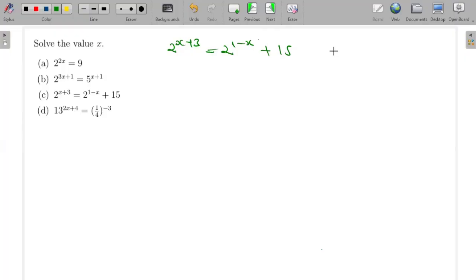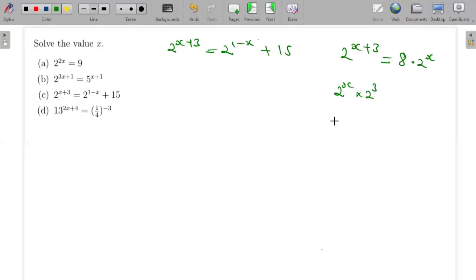So notice that we can write this 2 to the power x plus 3 as 8 multiplied by 2 to the power x, since this here, we are just saying this is 2 to the power x multiplied by 2 to the power 3, which gives me this here.